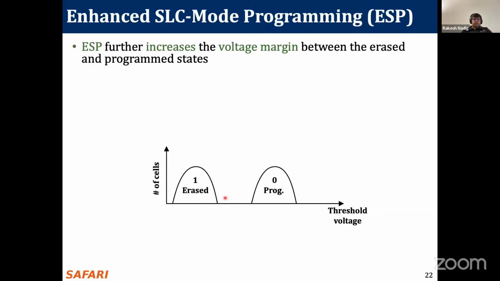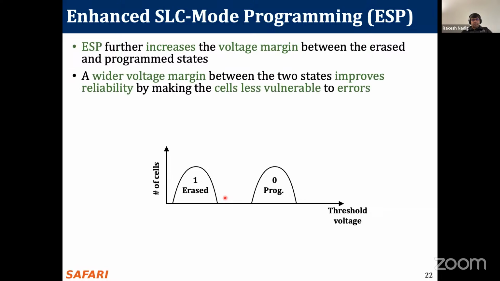Now, ESP further increases the voltage margin between the erased and the program states, and a wider voltage margin between the two states improves the reliability by making the cells less vulnerable to errors. Here we see that with ESP the voltage margin is further increased.